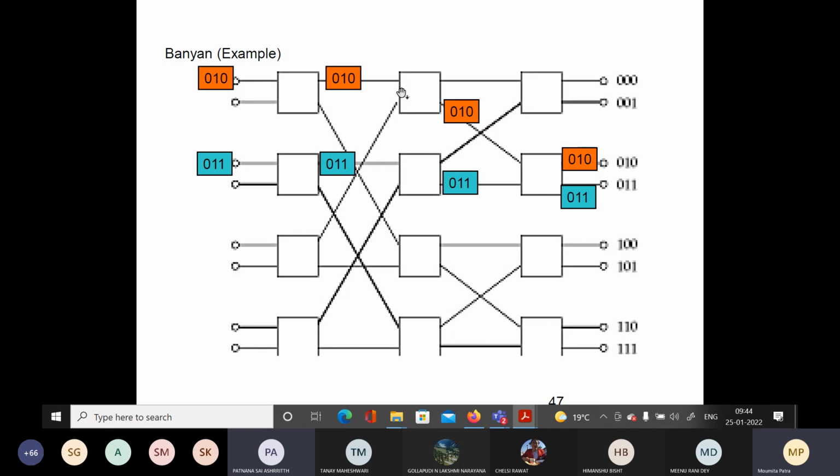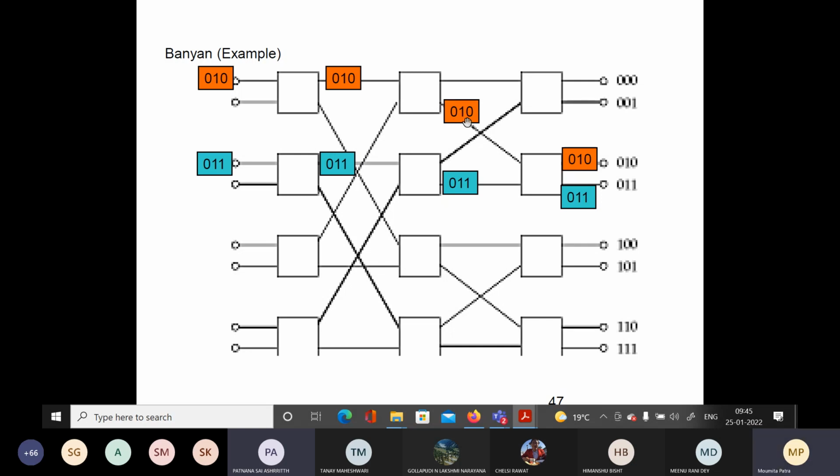Now this is the second stage, so this switch fabric will check the second bit. The second bit is 1, so that means it has to be moved through this line.